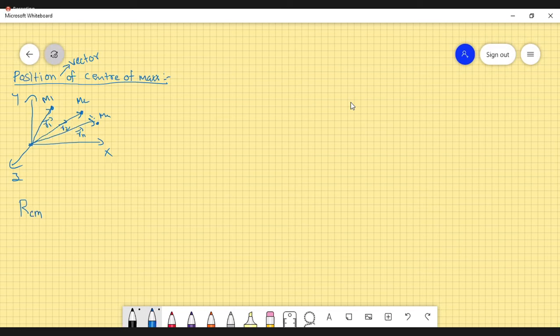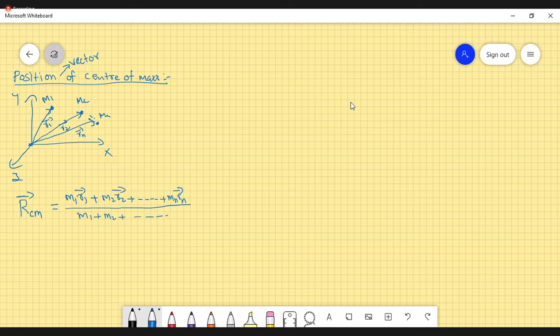R is the position vector. In terms of vectors, it equals (m1 r1 plus m2 r2 plus and so on plus mn rn) divided by (m1 plus m2 plus and so on).